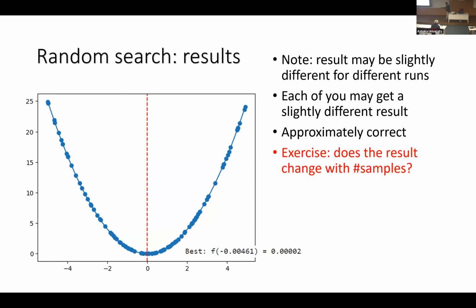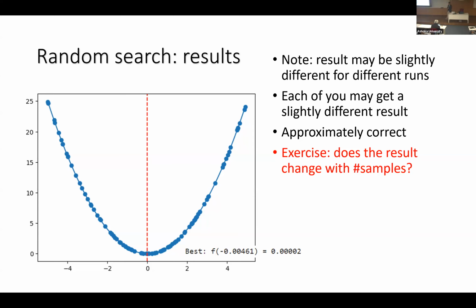And each time you run, you will get a different answer. It's another point about a random algorithm like this. And I would leave it up to you to check it. This is very simple to do mathematically, whether your result will change with the number of samples.